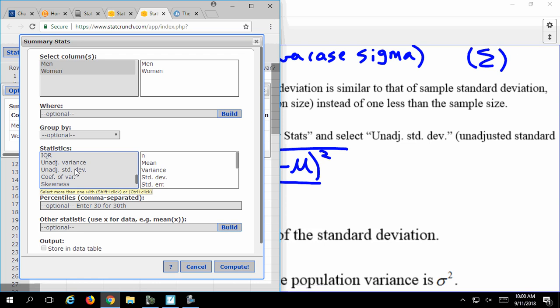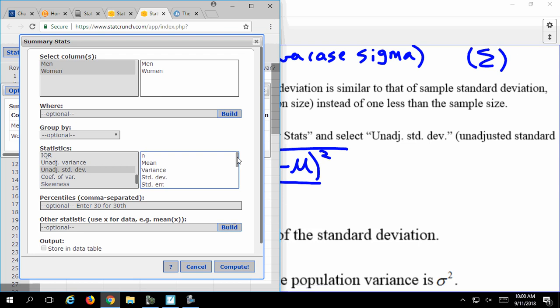That's going to be the population standard deviation. I'm just going to add it on to the end by holding down Control and clicking on that new one. And it's just going to add it to my list on the right side. Okay. So you can see here it's added to my list at the bottom.